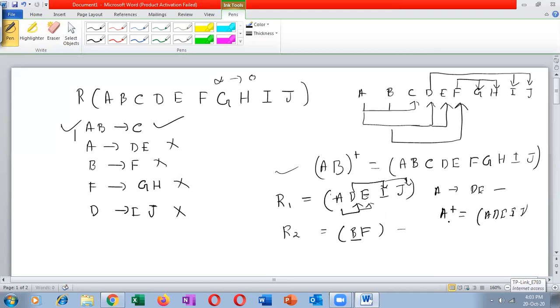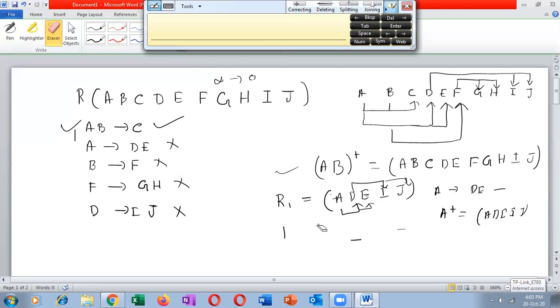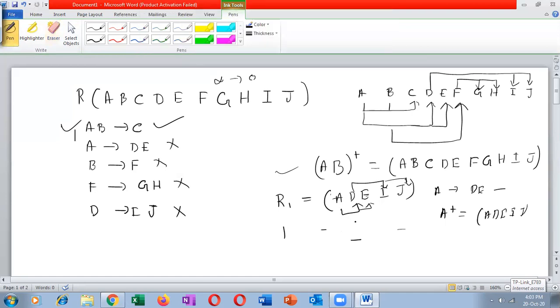That means A is the key here. So A to DE and D to IJ.